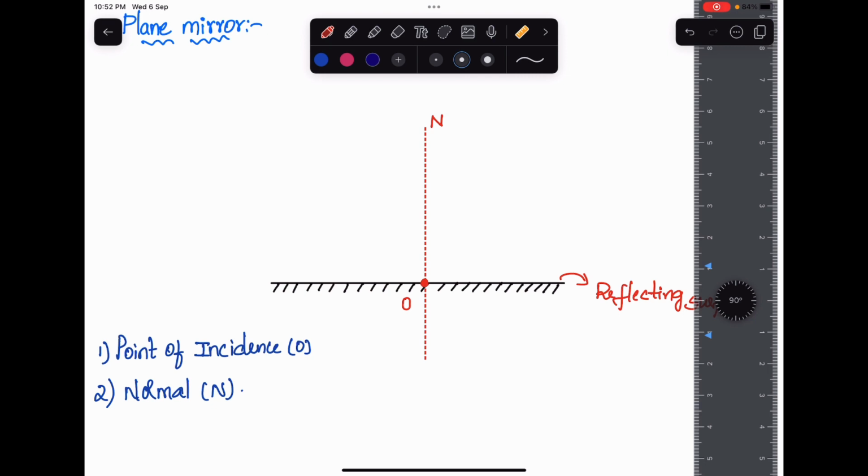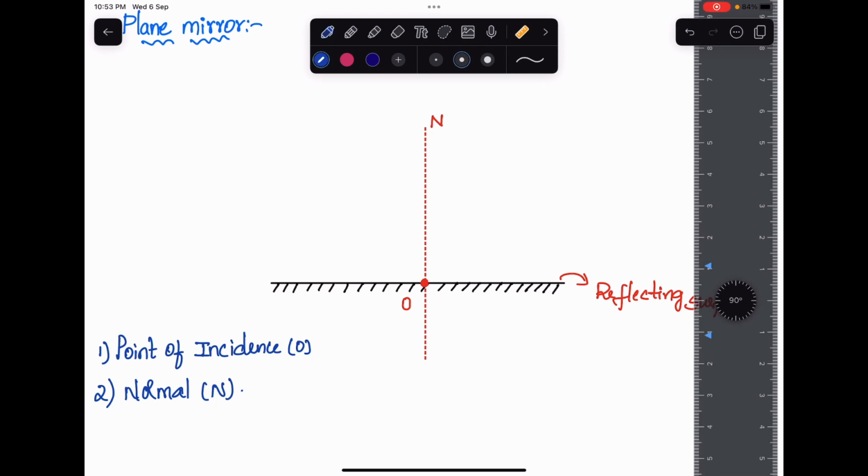Or you can define it as the line drawn at the point of incidence perpendicular to the reflecting surface or mirror, that too a plane mirror. Sir, why did you specify plane mirror? Because for spherical mirrors, the definition of normal will be of a different kind. That is a different category.